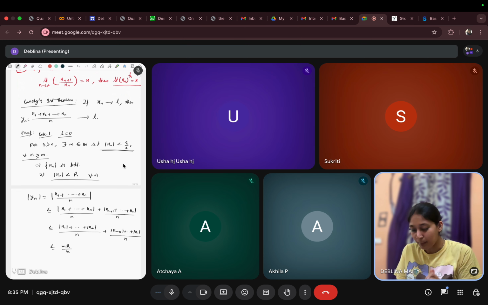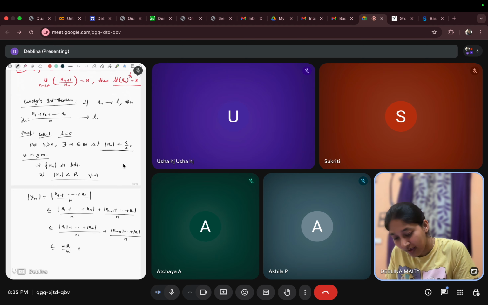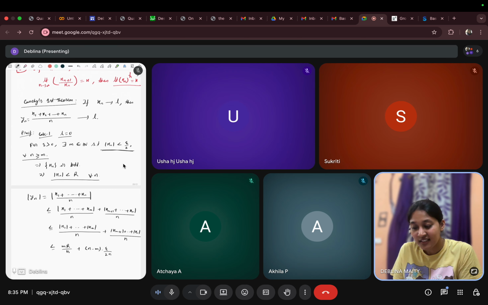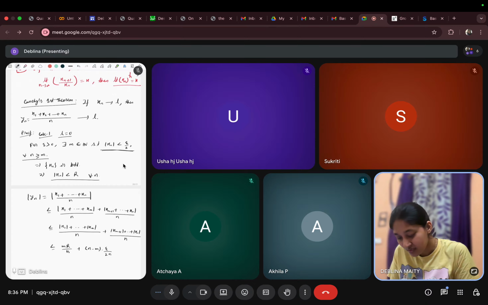After m this is less than epsilon by 2, and the number of terms is n minus m, so n minus m times epsilon by 2n, because all of the xi's are less than epsilon by 2 for n greater than m.